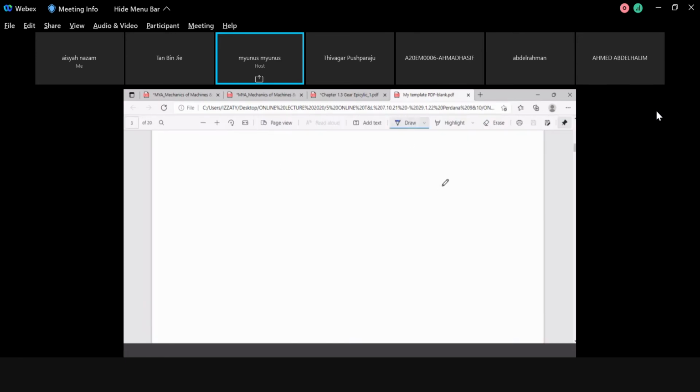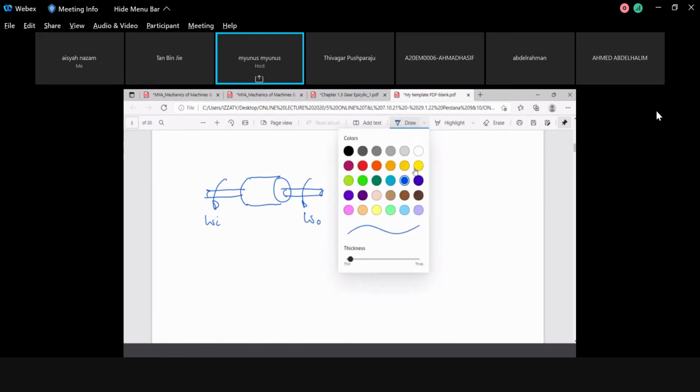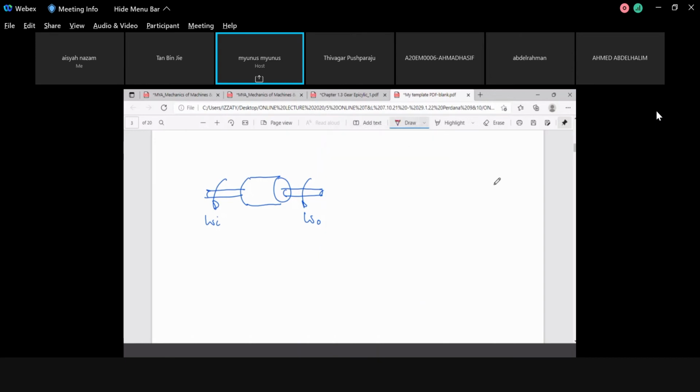Okay, now you have just now this one. This one will be omega I. This one will be omega O. Then the Ti is always running in the same direction as this one.